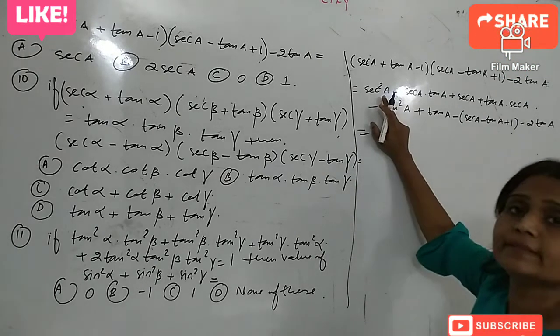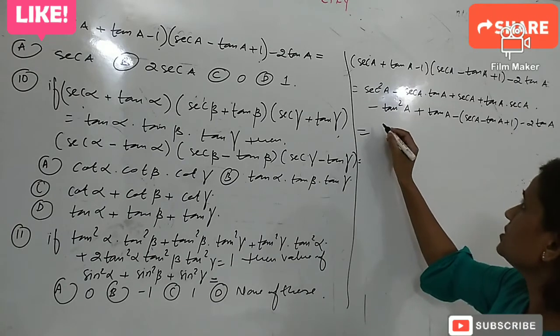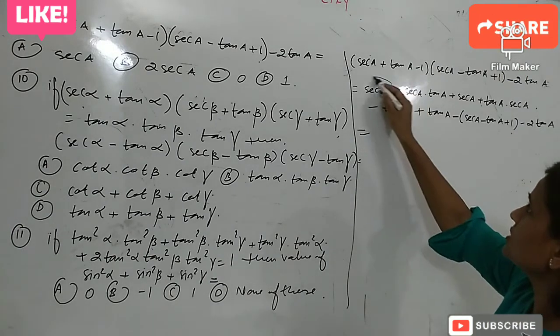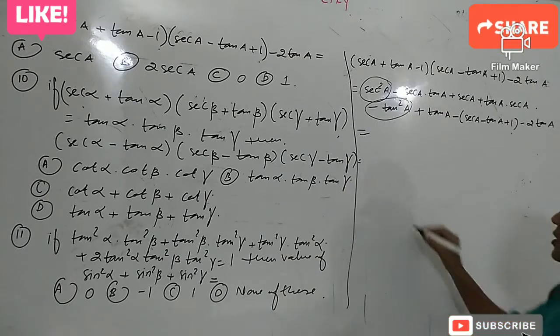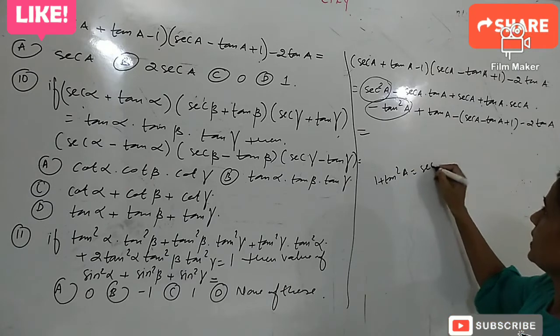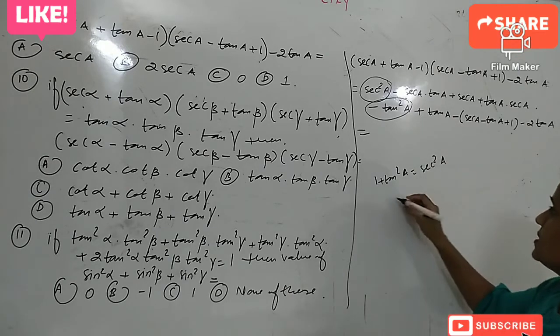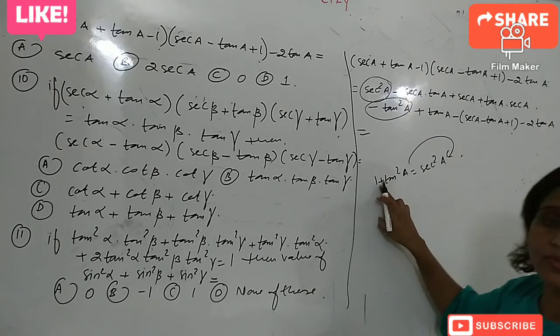So I can write this sec square A in terms of tan. Or optionally you can use this sec square A minus tan square A. This value is 1. Okay, 1 plus tan square A equal to sec square A. So from this you will get this sec square A minus tan square A. This value is 1. Okay.